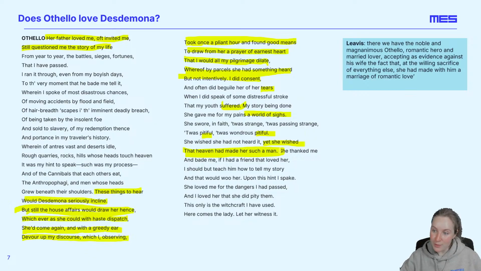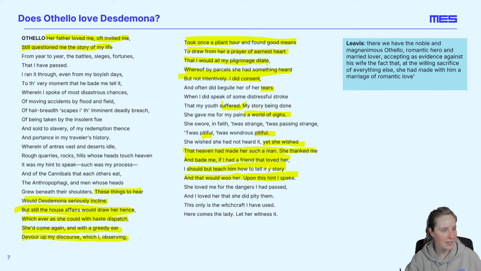And she also thanks him and bids him, as we've looked at in a previous lesson, "if I had a friend that loved her, I should but teach him how to tell my story, and that should woo her." So again, this means that he is saying, she thanked me for telling her the stories and said, if you have a friend who's trying to get me to fall in love with them, have them tell this story and I'll be in love with them.